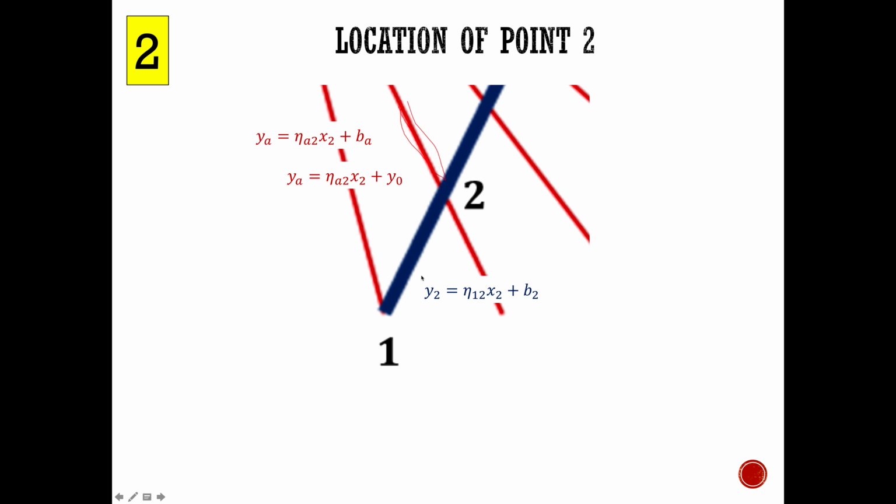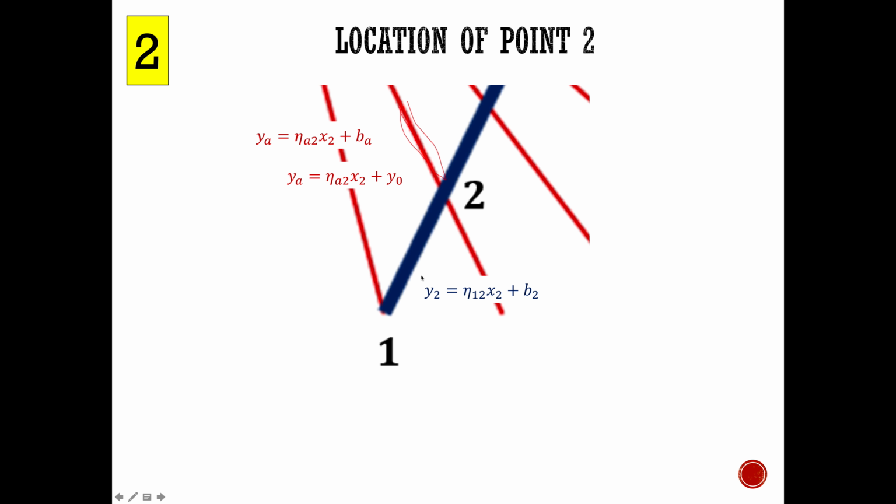Okay, so all I have to do to find x2 is equate yA and y2. I equate this equation and that equation and solve for x2. When I do that, you will get this right here. Again, make sure you understand the steps, even though I put some numbers here. When you code it, you really have to understand what it is that you're coding, otherwise it won't make much sense.